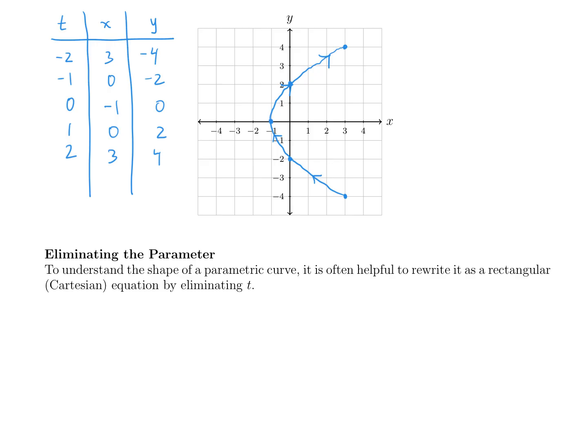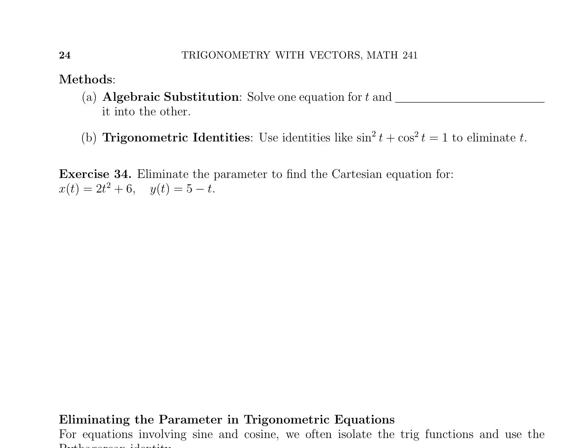Okay. Another useful thing to do is to actually eliminate the parameter t and to write the equation in Cartesian form. So that's another thing that we can do, and we will do that on the next page. All right, so that's going to involve algebraic substitution.